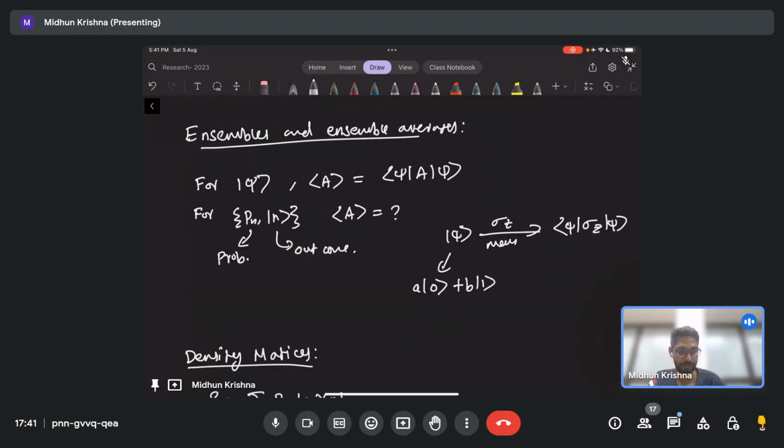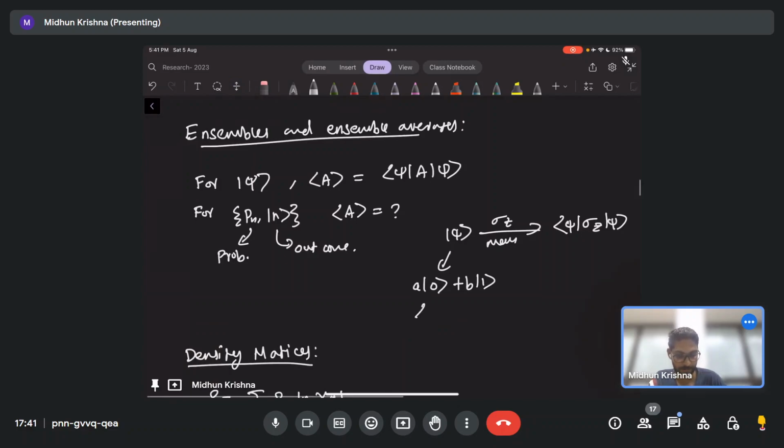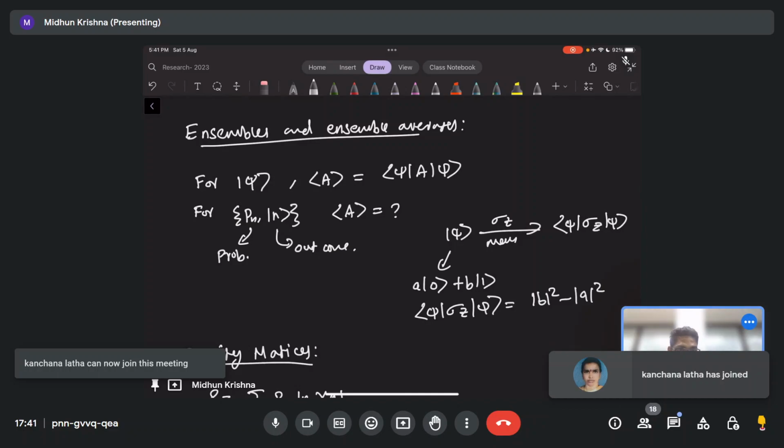So when I do the measurement, what I actually get as an outcome is this quantity, psi sigma z psi, which you can easily find to be mod b square minus mod a square. So this is the outcome that I get.